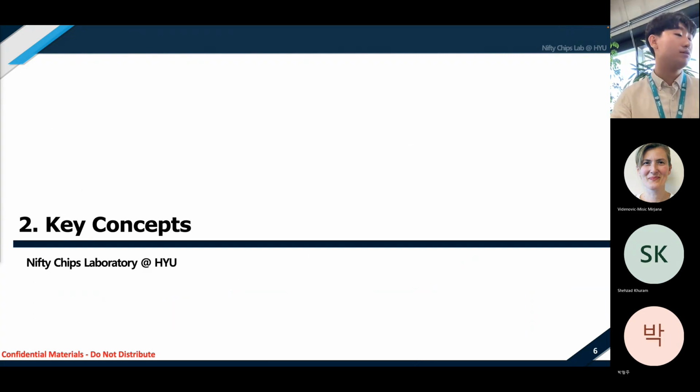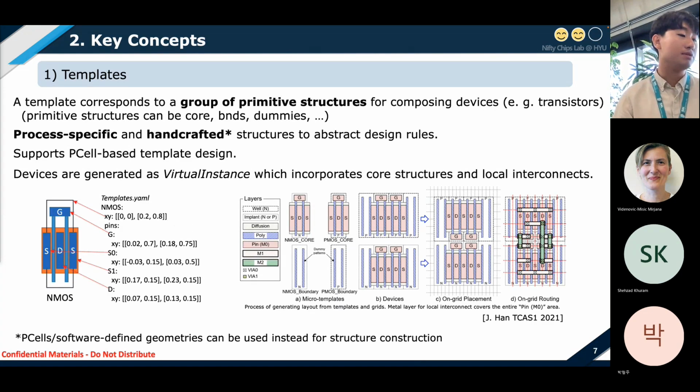Then let's find out how LAYGO2 places instances, routes wires, creates pins, and then extracts to output formats. The first keyword is template. According to the LAYGO2 dictionary, a template means a group of primitive devices to build a basic transistor. A basic transistor here means the structure that can be placed in a row without violating the design rules of each process.